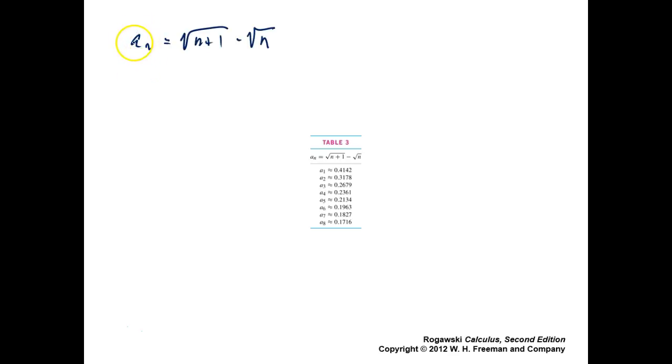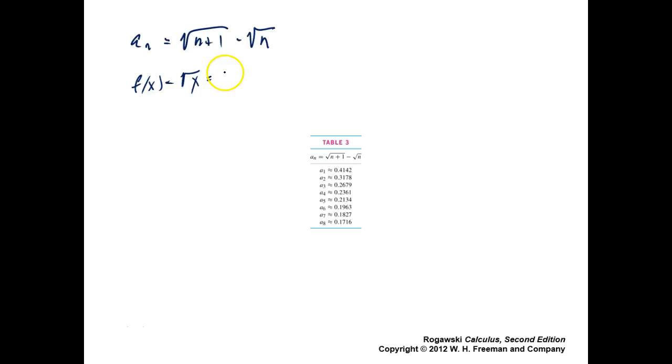Well, remember we could represent that sequence as a function. And that function would be f of x equal to the square root of x. And all we have to do with that is show that f prime is negative. And if f prime is negative, that means the f values are getting less, right? That would be true no matter what value you put in there. So if I'm going to take a derivative, I don't like to write it with the square root. I like to use exponential notation.